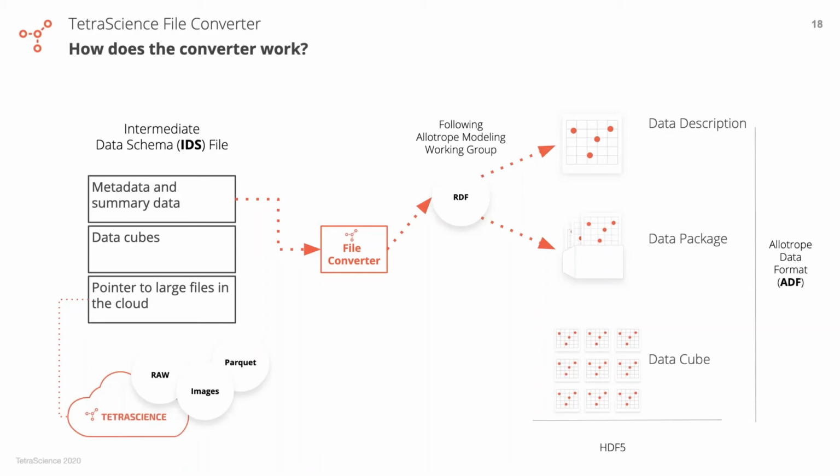This way, you can use any other library to consume the data, so you don't have to worry that if the library is not maintained or supported 10 years later, you'll lose access to the data. Data cube goes to data cube, but at the same time there is a human-readable name and unit here. And then we have some large data, and we also put that into the data package.